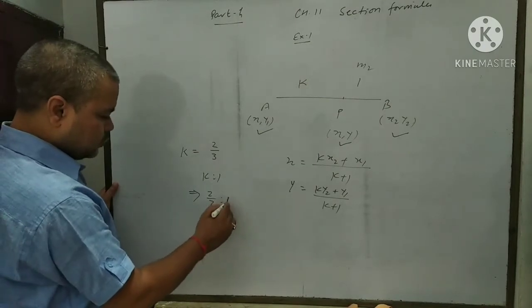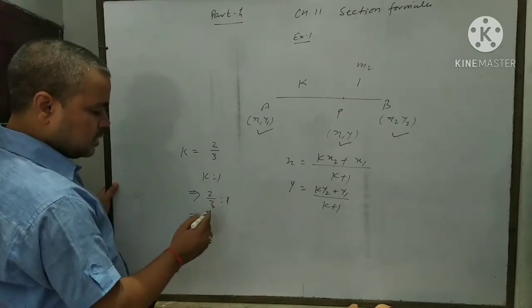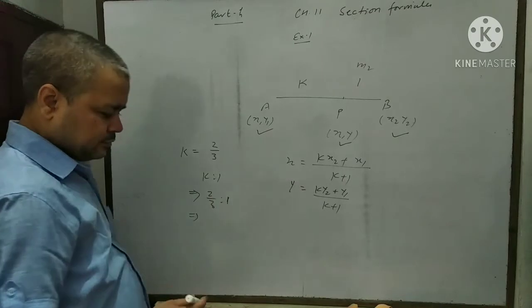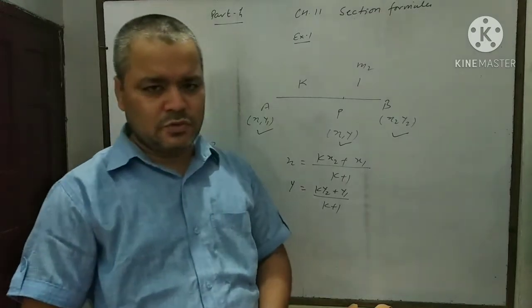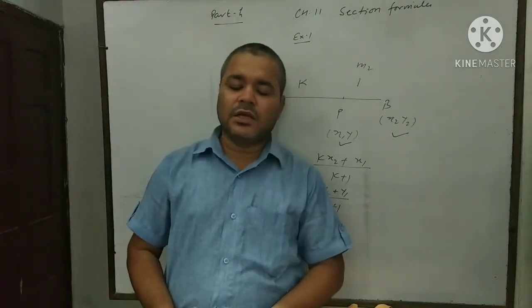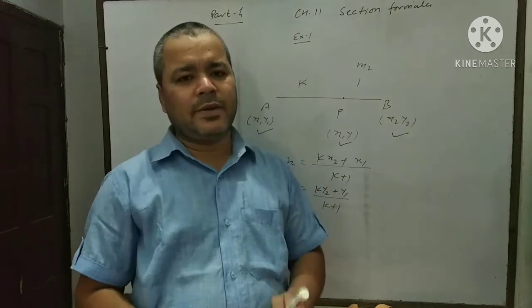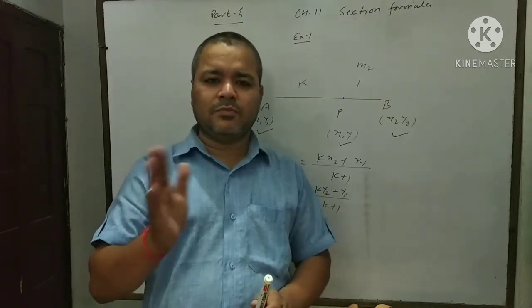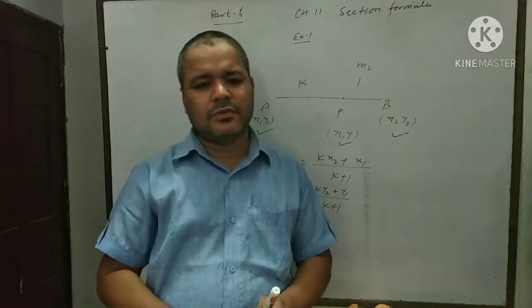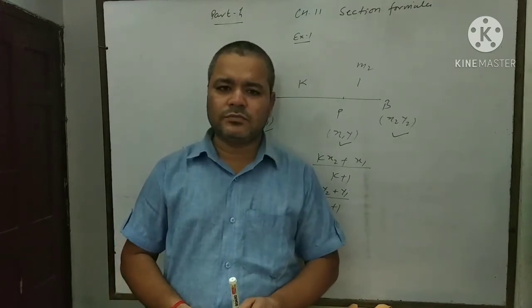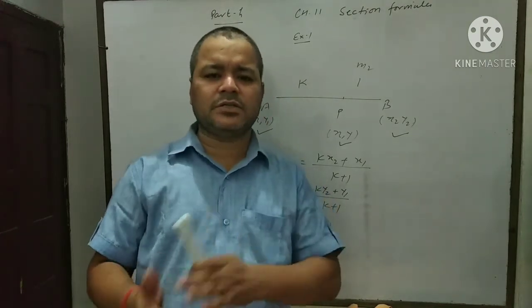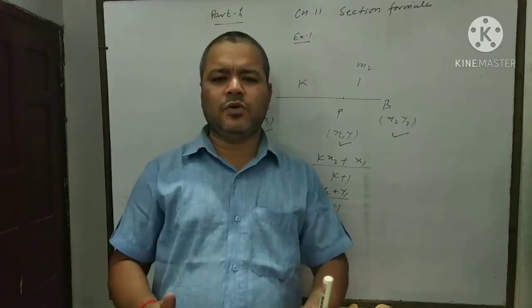Here, 2 by 3 is to 1. In the chapter on ratio, it was explained that if we multiply both the first term and second term of the ratio, known as the antecedent and consequent, there will be no effect.